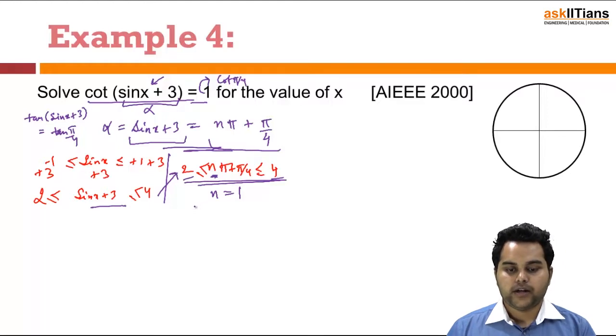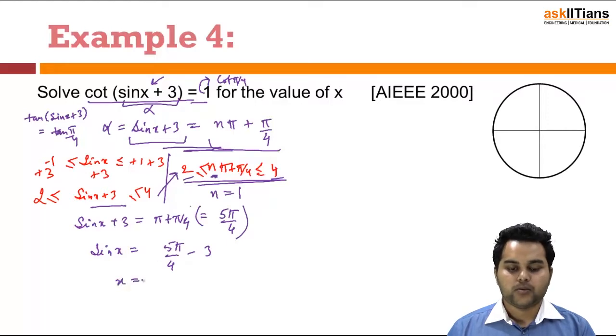That is, I would get sin x plus 3 is equal to pi plus pi by 4, which is equal to 5 pi by 4. I would get sin x as 5 pi by 4 minus 3, or x would be written as, now this is the base angle, sin inverse of (5 pi by 4 minus 3).